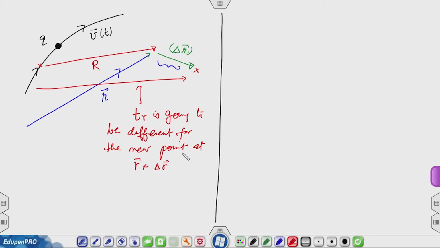So, I am going to change the quantity on two counts. When I take this derivative, I am going to change, because r is changing, plus I am going to change by chain rule. I write it like this, because t_r is changing.